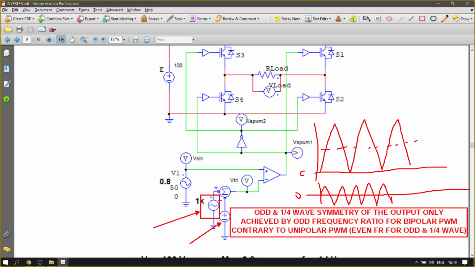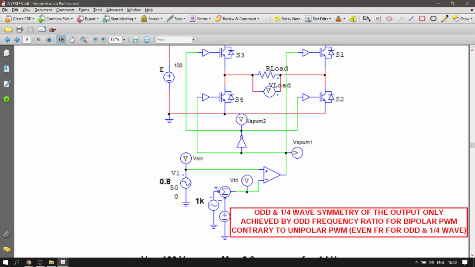Tadi 0 kat sini. Asalnya bila keluar daripada carrier daripada triangular source ni, dia positive waveform. Okay, so you kena shift down or DC offset. So kita shift ke bawah, then we have this plus minus, right?